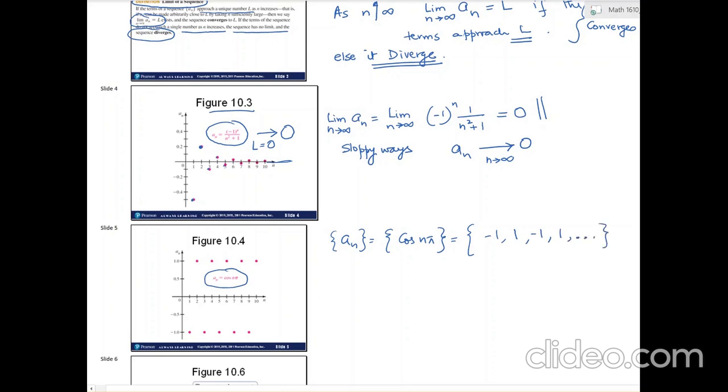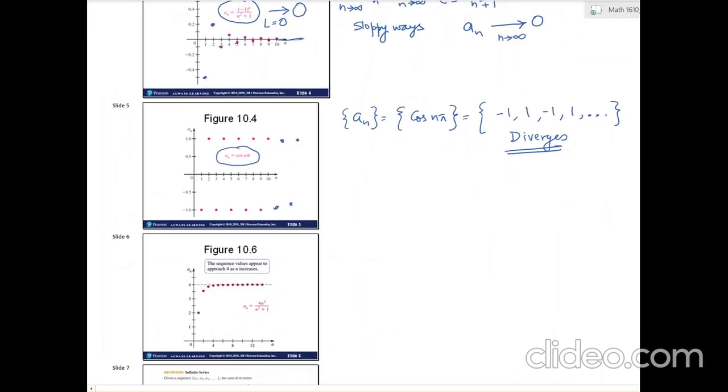So as you can clearly see in the graph, as n goes to infinity, the terms of this sequence do not approach any number. It keeps alternating between negative 1 and 1. So that means this diverges.